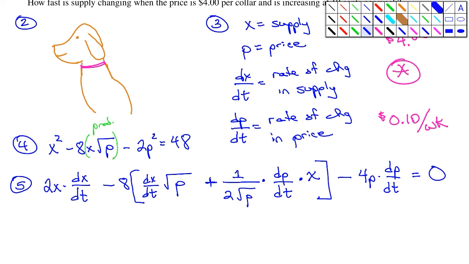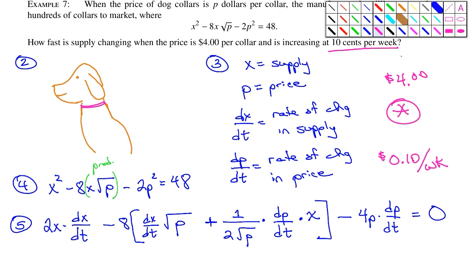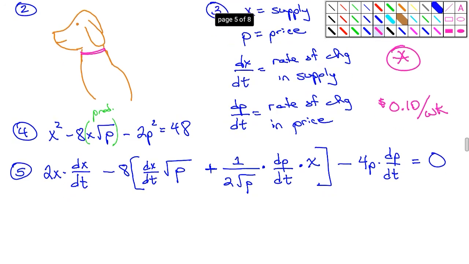The first thing I need to plug in is x, and guess what? We don't have x. Where can we get x? Well, x is the supply based on the price. The price is $4, and the equation that tells me what the supply is based on price is the original equation. So we're going to have to solve.